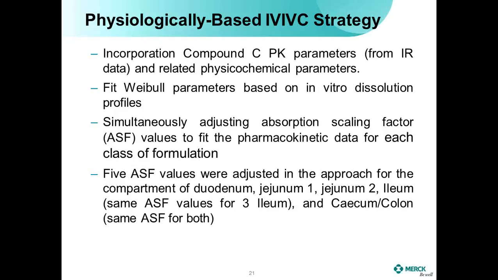For duodenum and jejunum 1 and 2, we're using different ASF values, and we're using the same ASF value for the 3 ileum compartments and the same ASF value for both cecum and colon compartments. So duodenum to jejunum account for the absorption region at the upper small intestine, and ileum, cecum, and colon are the compartments at the lower small intestine and the lower GI tract.